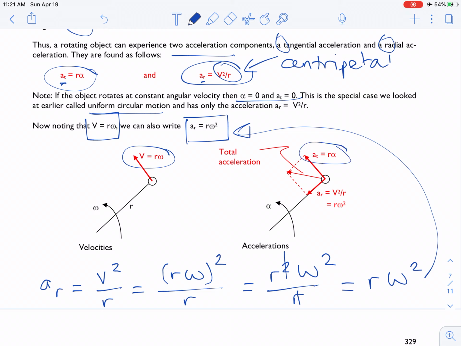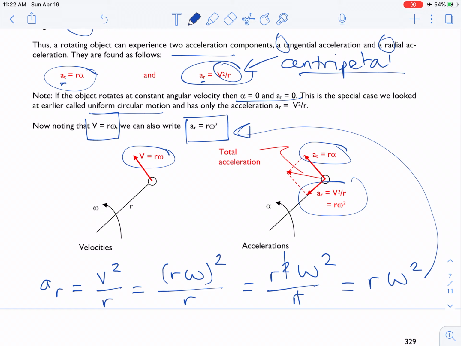Then you have that tangential acceleration along the tangential velocity direction. Again, it could be the same direction or opposite. If it is speeding up, they will be the same direction. a_t and v are going to be opposite if it is slowing down. And the radial acceleration is always towards the center because it's called centripetal acceleration, center seeking, if you recall that.